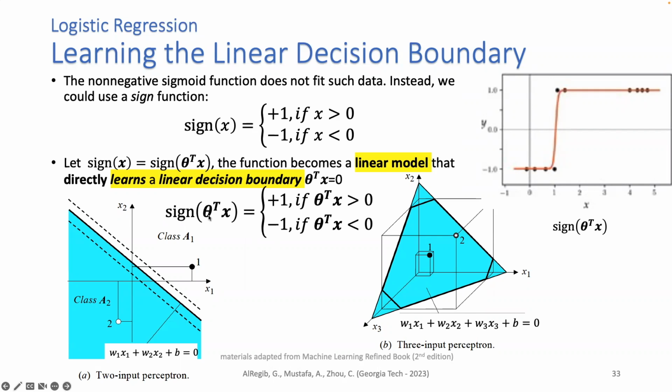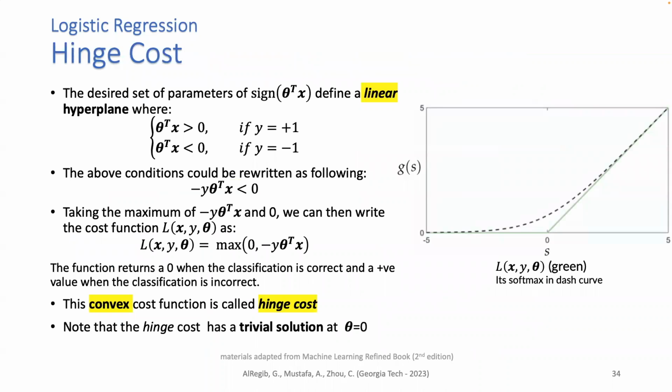Then I have w times x plus b, or just theta times x, right? So now this is my model. Again, I'm sticking to the linear model for my feature space, right? The difference is, before I had sigmoid, now I have a sign function. So let's look at this particular sign function more carefully. If you look at this sign function, if it's positive, this is the parameter within the sign function.